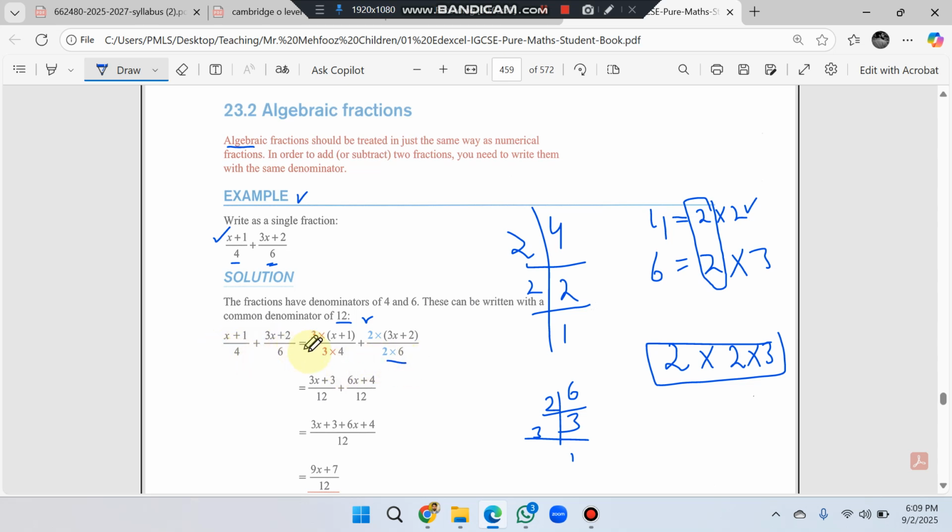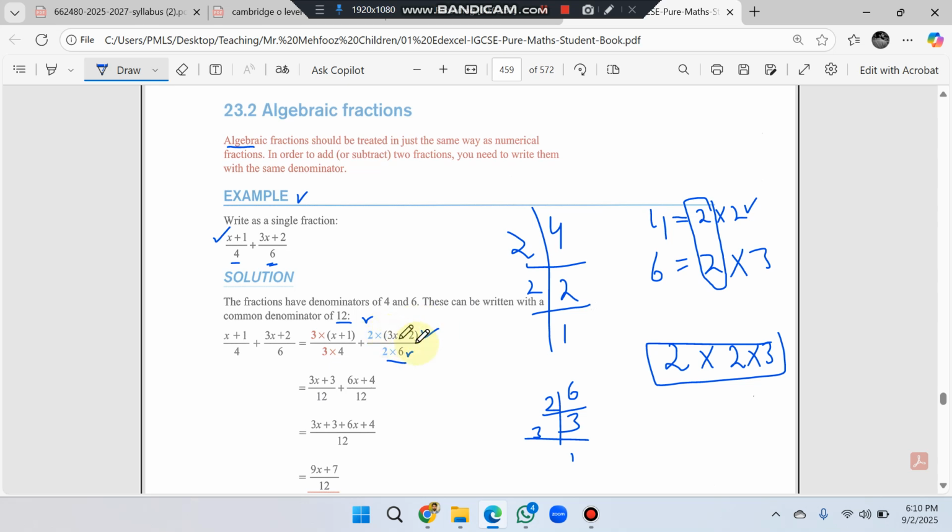How can we make the first fraction's denominator 12? By multiplying and dividing it by 3. So it becomes 3 multiplied by (x + 1) over 3 multiplied by 4. Again, the denominator of the second fraction is 6, so we multiply and divide it by 2.